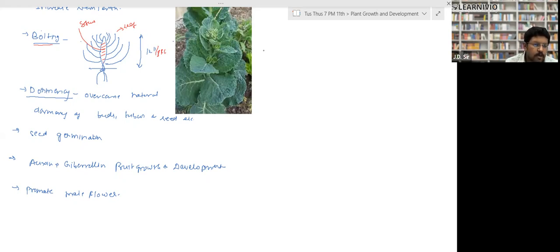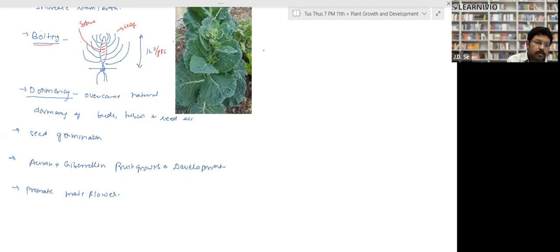Next, auxin and gibberellin are responsible for fruit growth and development.